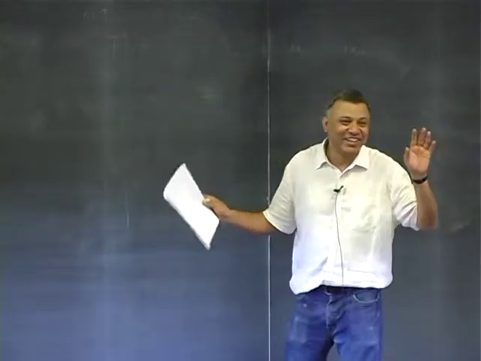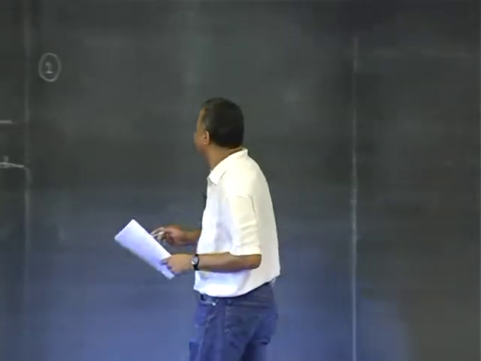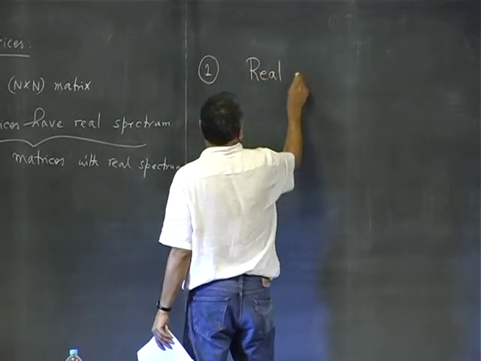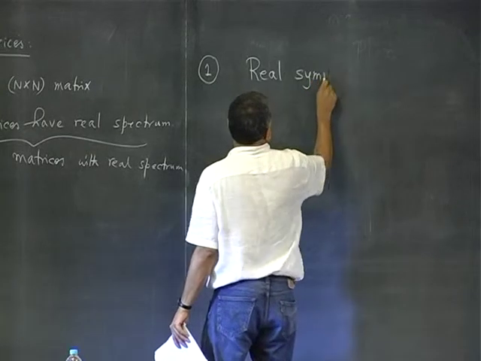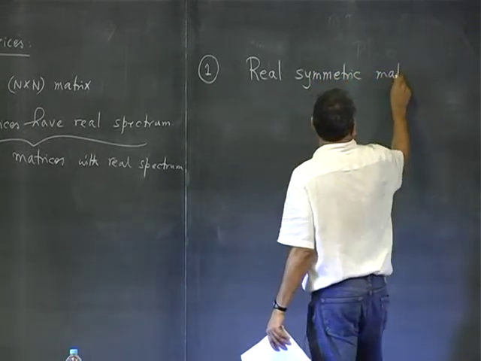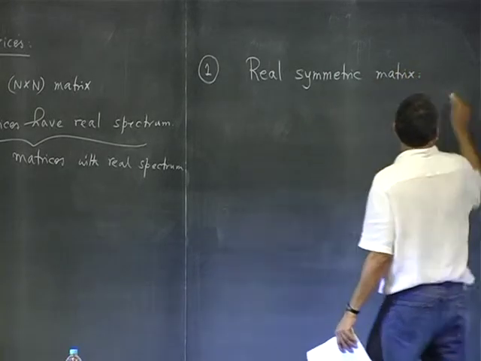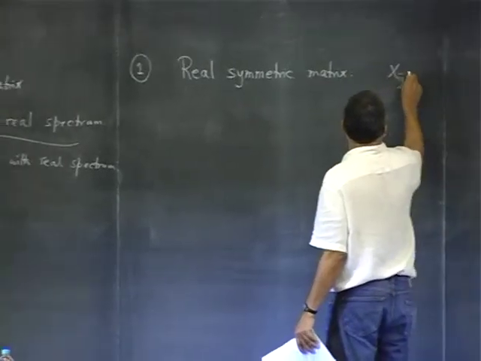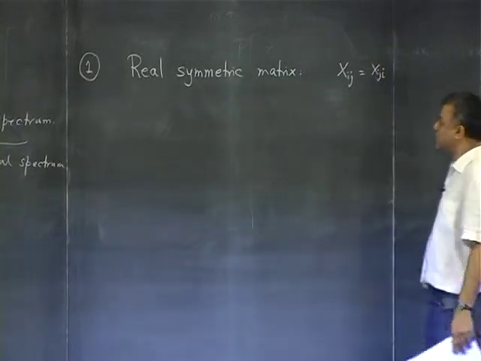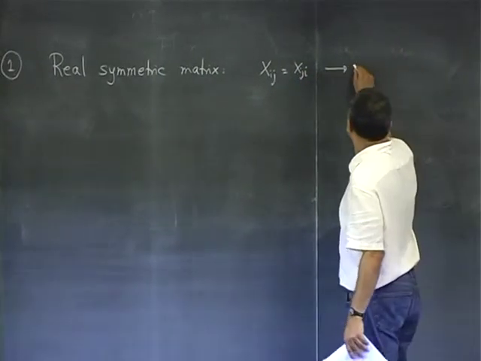Hermitian matrices, very good. Even simpler, a real symmetric matrix, which means that the X_ij are real and X_ij is the same as X_ji. This has real spectrum.